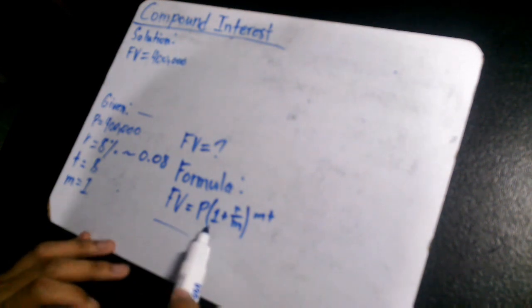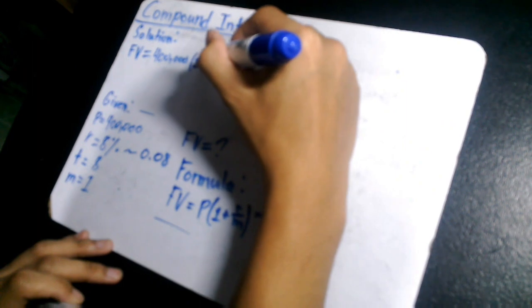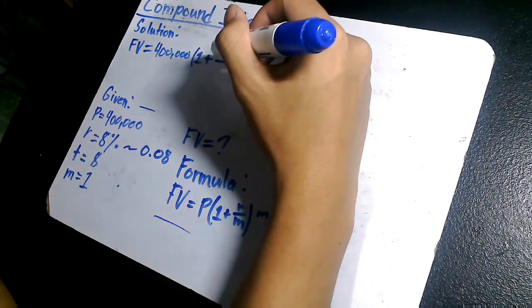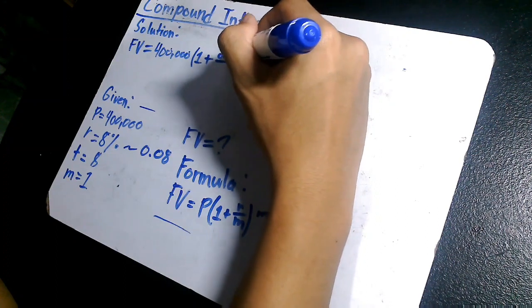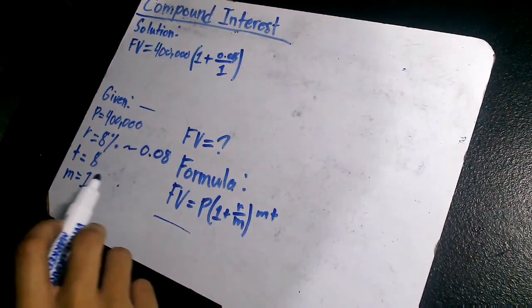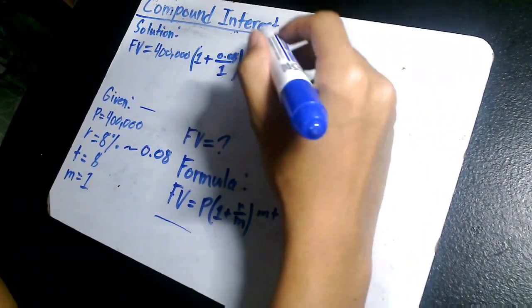So it could be written like this: FV equals P, which is principal amount, that is 400,000, times 1, which is inside a parenthesis, plus R, which is 0.08 over M, which is 1, raised to the power of M, which is 1 again, times T, which is 8.